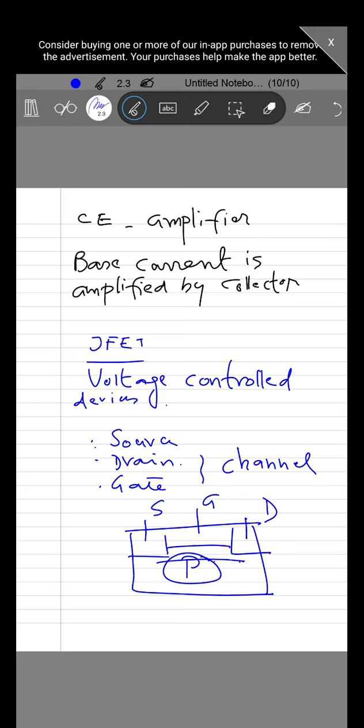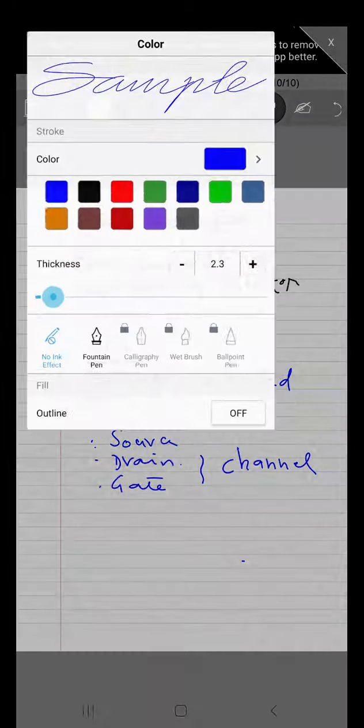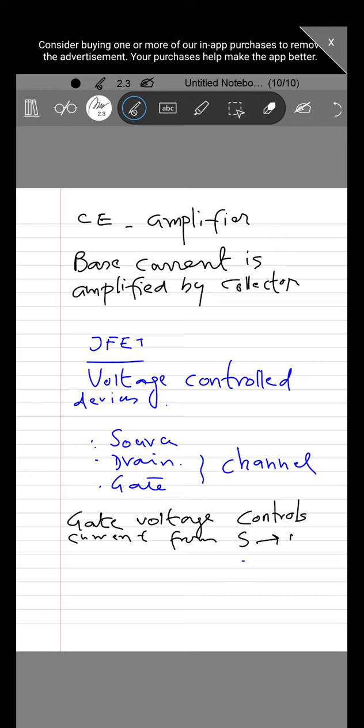So why is it called a voltage control device? That is because the gate voltage controls the current from source to drain through the channel.